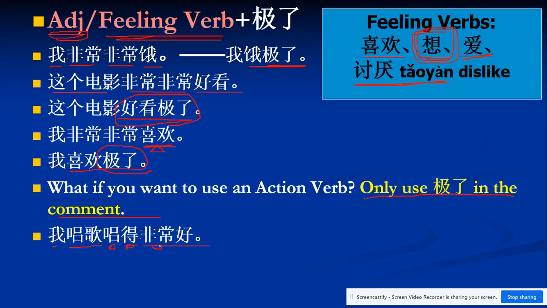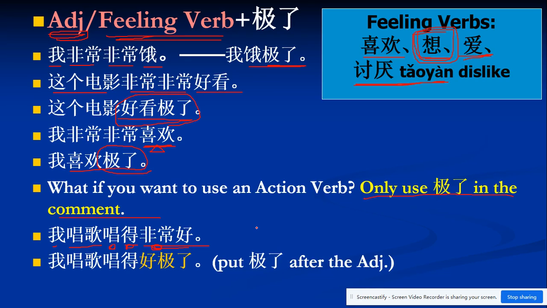You see 非常, very, is in the complement part. We use 极了 to replace 非常, a different level. 我唱歌唱得好极了. I sing extremely well. So 极了 needs to stay after the adjective, and because of that it needs to stay in the complement part if the verb is an action verb.